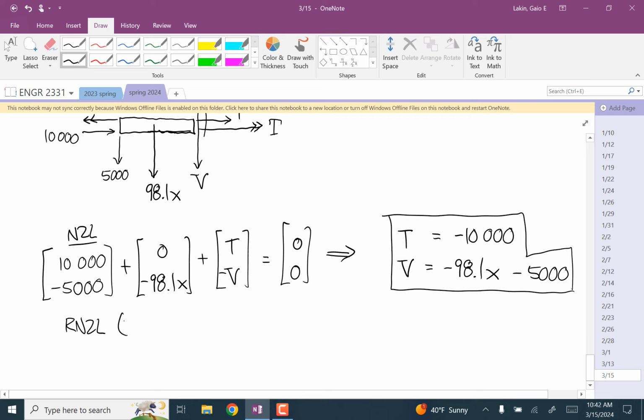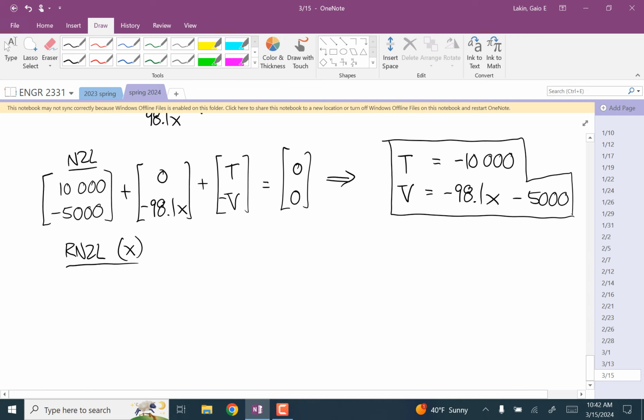And then the moment equation about the x-axis, we have negative 1,000 plus the internal torque t is equal to 0. So the internal torque is positive 1,000.